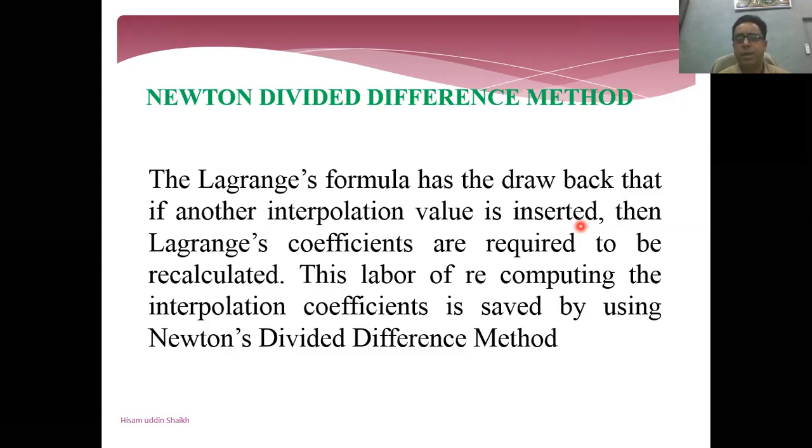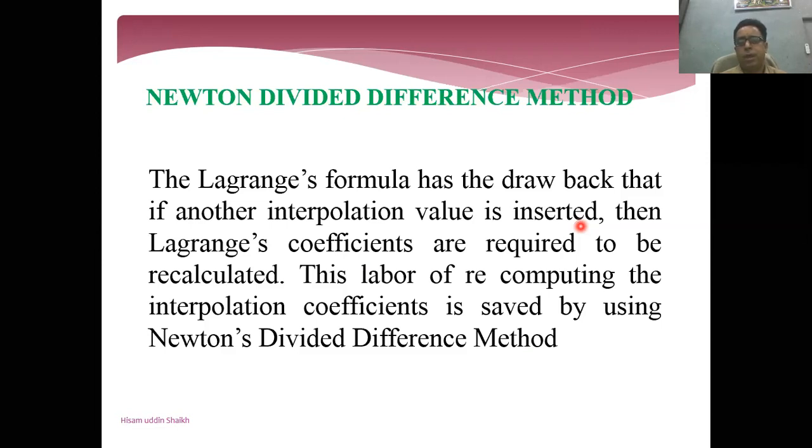Because, as already explained in the lecture on the Lagrange method, it is only applicable for a single interpolated value. If we change the interpolated value, we must recalculate the Lagrange method again. So in that method, recalculations are required.